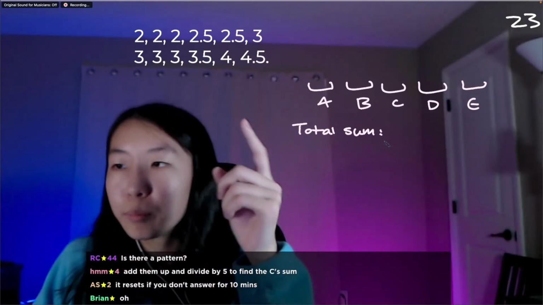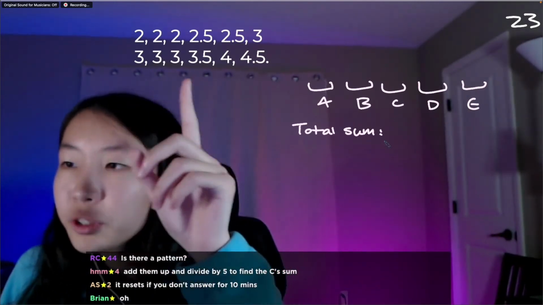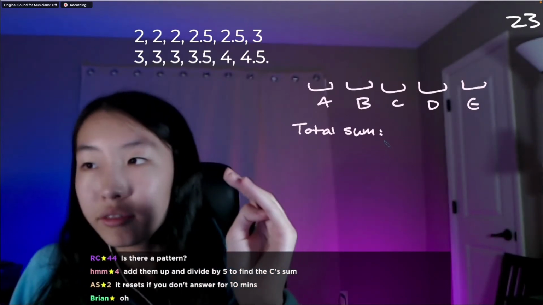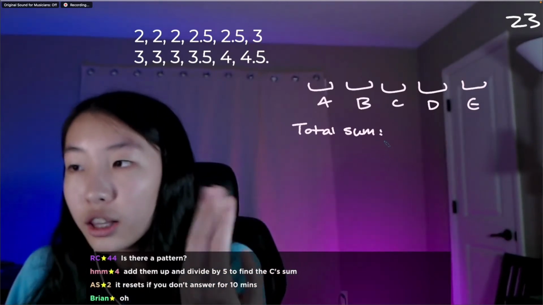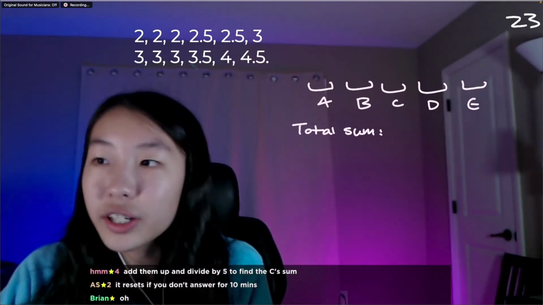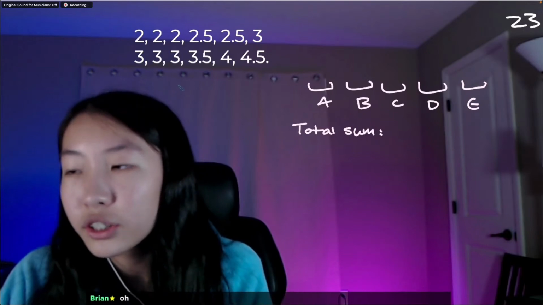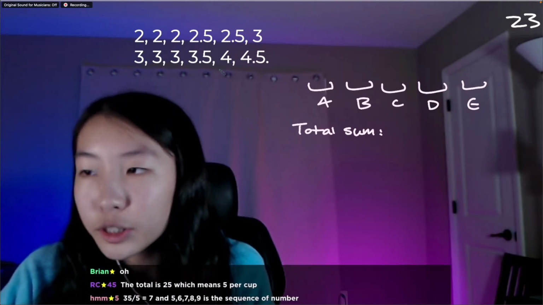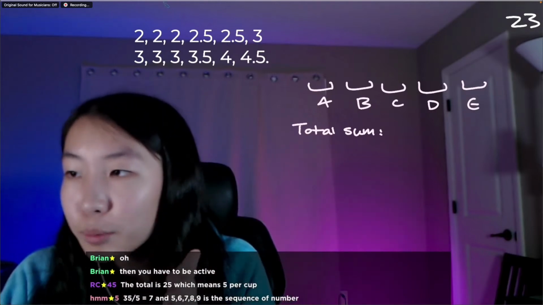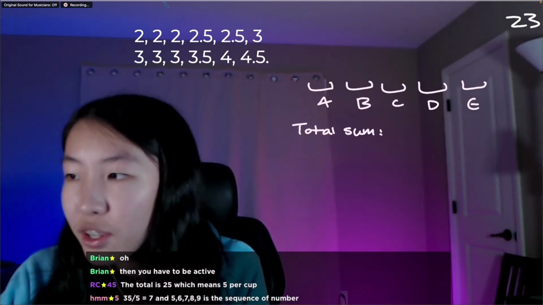So the total sum, if we add these together, 2 plus 2 plus 2 is 6, 2.5 plus 2.5 is 5, so that becomes 11, plus 3 is 14, plus 3 plus 3 plus 3, which is 9, 23, plus 3.5 is 26.5, 30.5, so 30.5 plus 4.5 is 35.